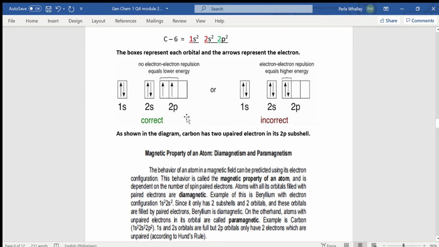But remember that the p has 3 orbitals. So this is 1 orbital for s, 1 orbital for s, but for p, there would be 3 orbitals.